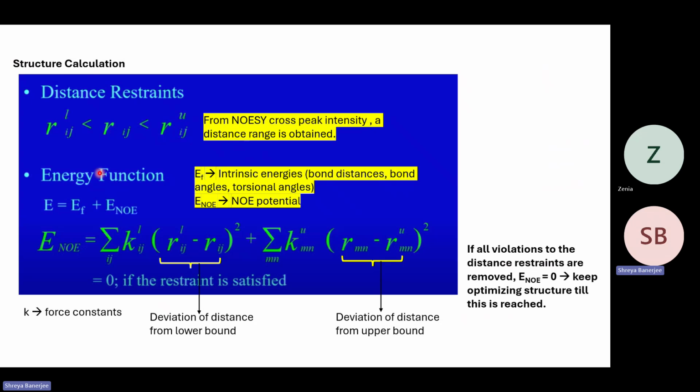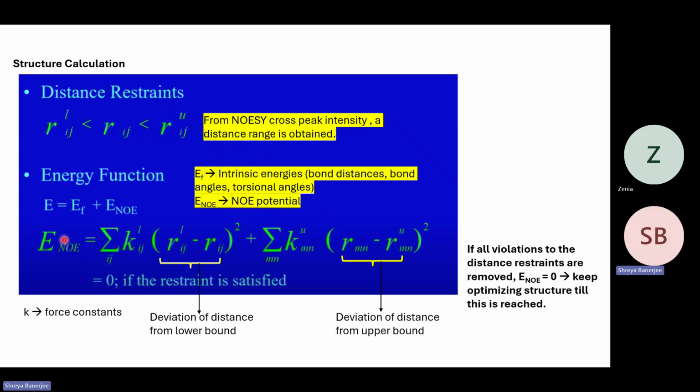Using the different restraints, we define an energy function as E_F plus E_NOE. E_F is the intrinsic energy which arises due to the different bond distances, bond angles, torsional angles, and so on. And E_NOE is the NOE potential.